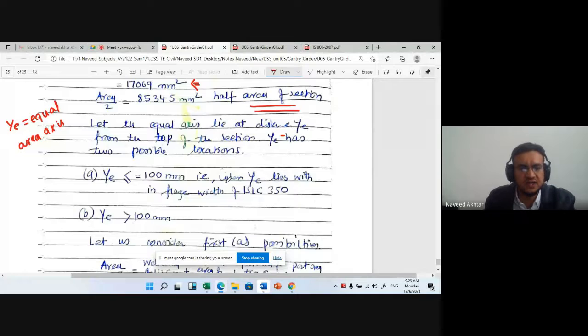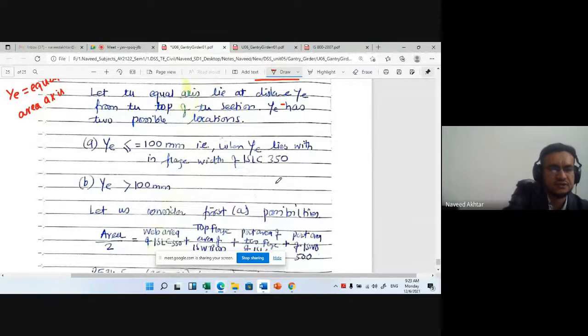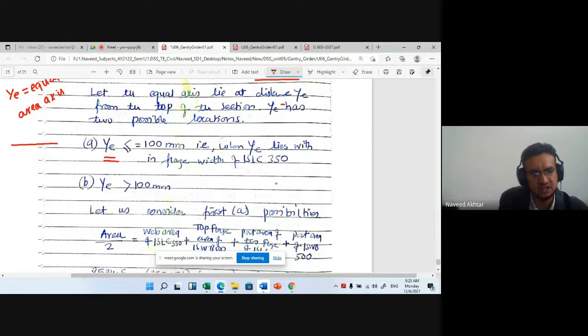Now we can consider that two possible cases are there. The equal area axis lies within the lip surface. You can see that an inverted channel having a lip portion, the flange of the channel is 100 mm, and your I section is there.